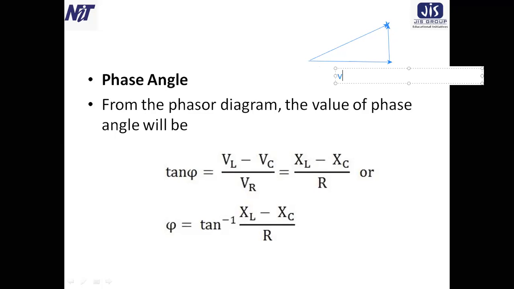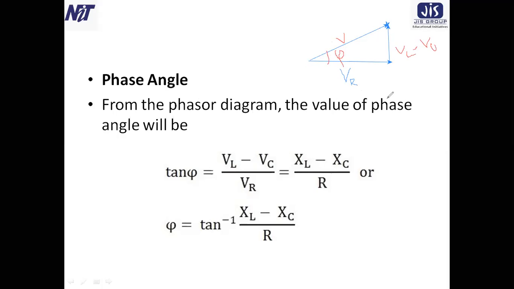This is the VR phasor, right? This is the voltage phasor VR, which is actually the voltage drop across the resistor. This is V, the applied voltage, and this is VL minus VC. This is the angle phi.